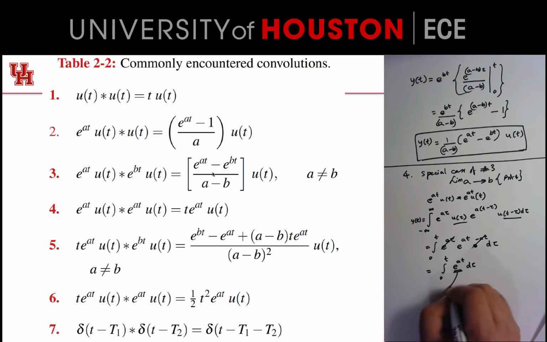Now e to the at can just jump outside because we're not integrating with respect to t. Let me write it more cleanly: e to the at times the integral from 0 to t of d tau. And the integral of this is just t. So the answer is t times e to the at. And of course we stick a u of t at the end because it's all causal. So our answer is y of t equals t times e to the at u of t.